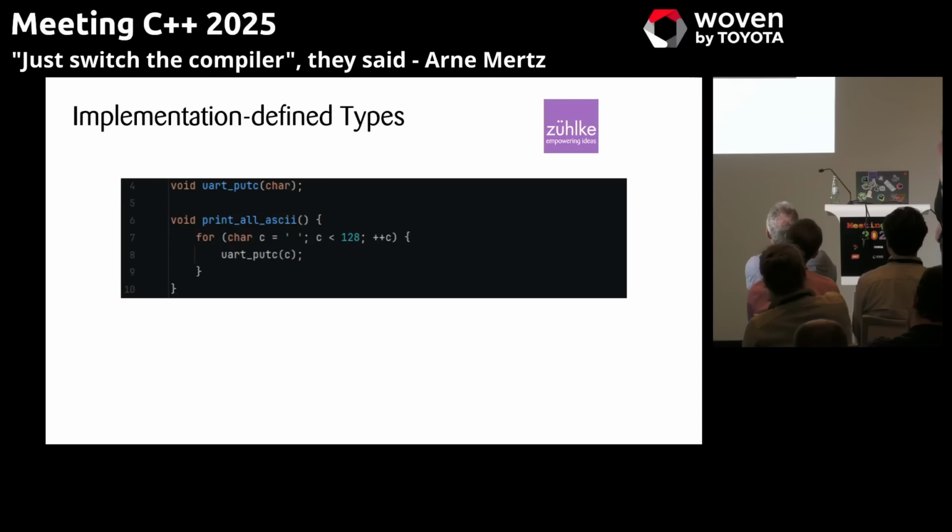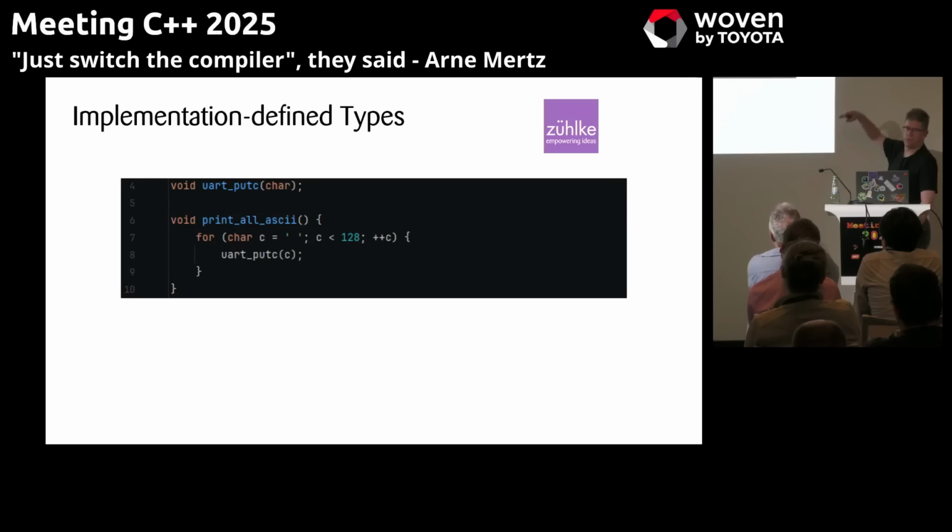This was a fun one. So we were writing code for an ARM device, and at some point we decided it is probably a good idea to test our code on our laptops as well. So just for test reasons, I wrote this function, print all ASCII characters.